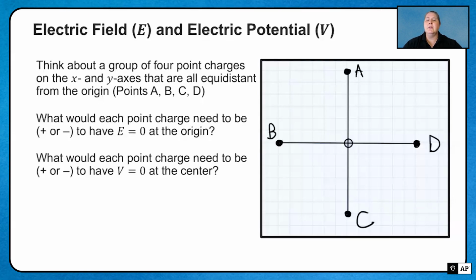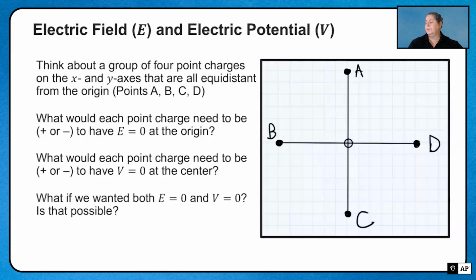For the electric field, that one is a little trickier because electric field has a direction. It's a vector quantity. So in order to think about an electric field at the origin, I need to think about the direction the electric field is going to go from each of those positive or negative charges. And now, even thinking about, what if we want both to be 0? Is that possible? Let's find out.